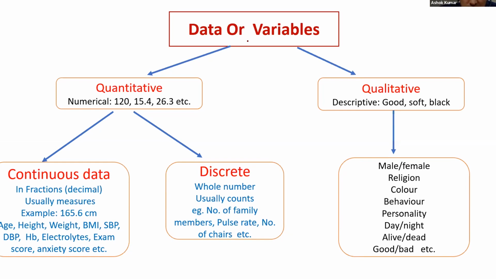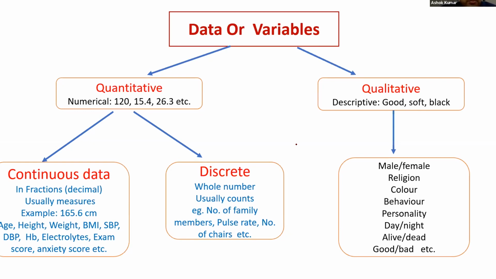We cannot give any decimal or fractions. These are called discrete data. Whole numbers, usually counts. Number of family members.